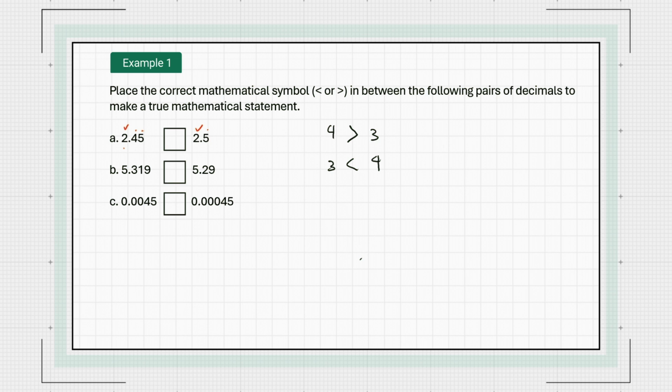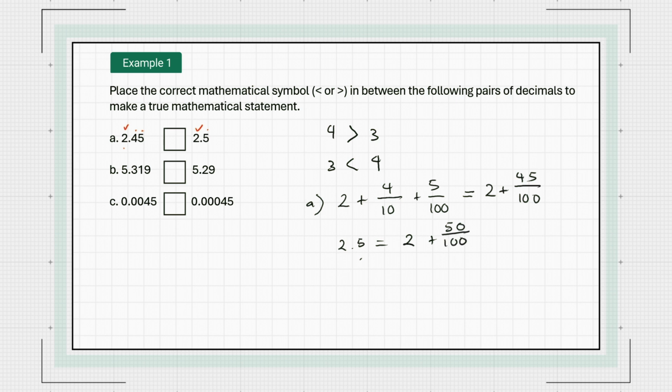So we can rewrite this for A as 2 plus 4 groups of 10 plus 5 groups of 100, which is the same as 2 plus 45 groups of 100. Whereas the other one is 2.5, which is equal to 2 plus 50 groups of 100.